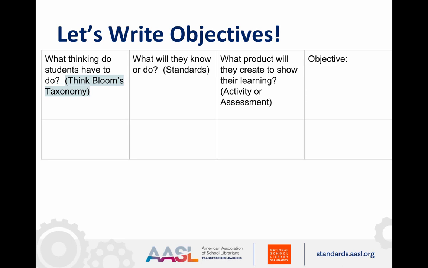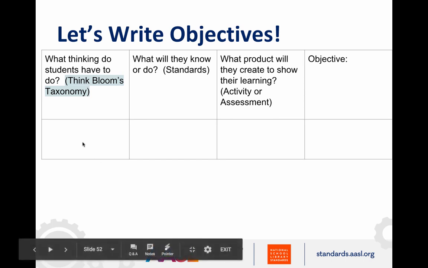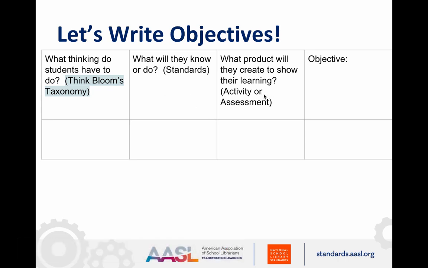I kind of call it an objective generator. It breaks the parts of an objective down into 3 main sections, and we're going to put this to use in just a moment with the example that I just did. But first, let's take a look at this template so we know what we're working with.